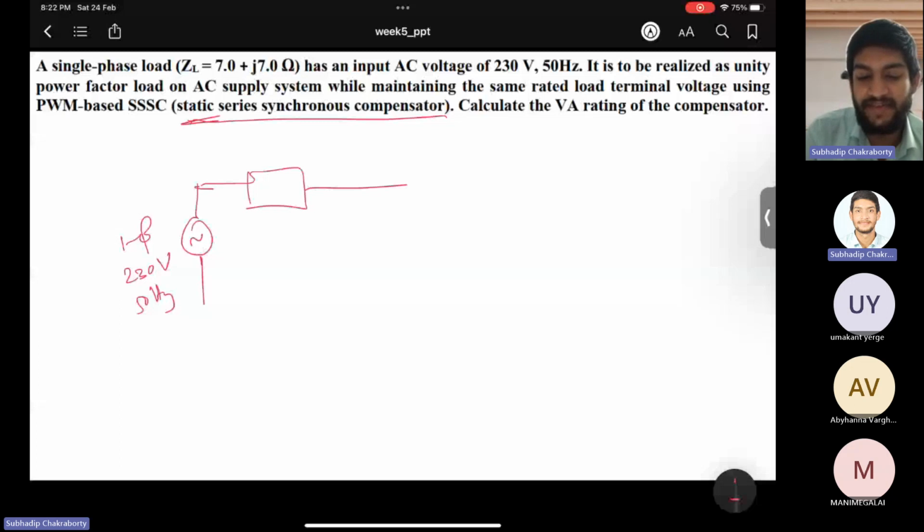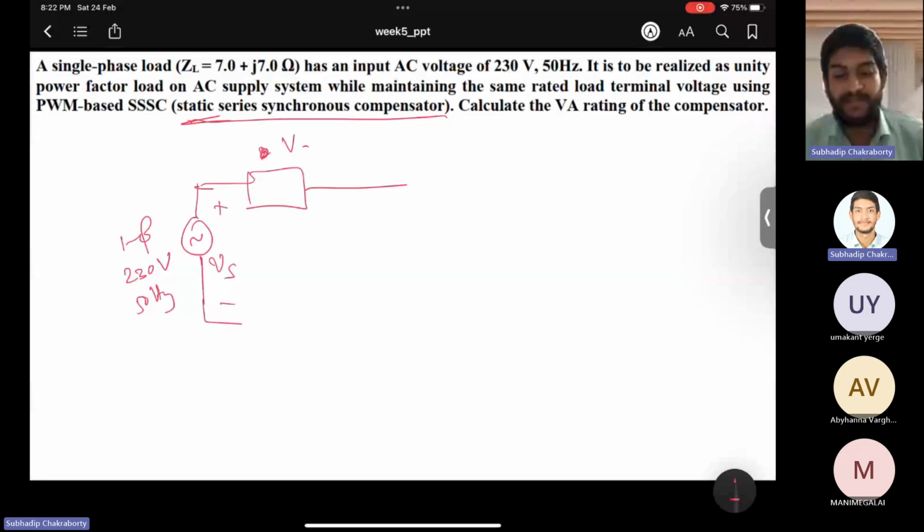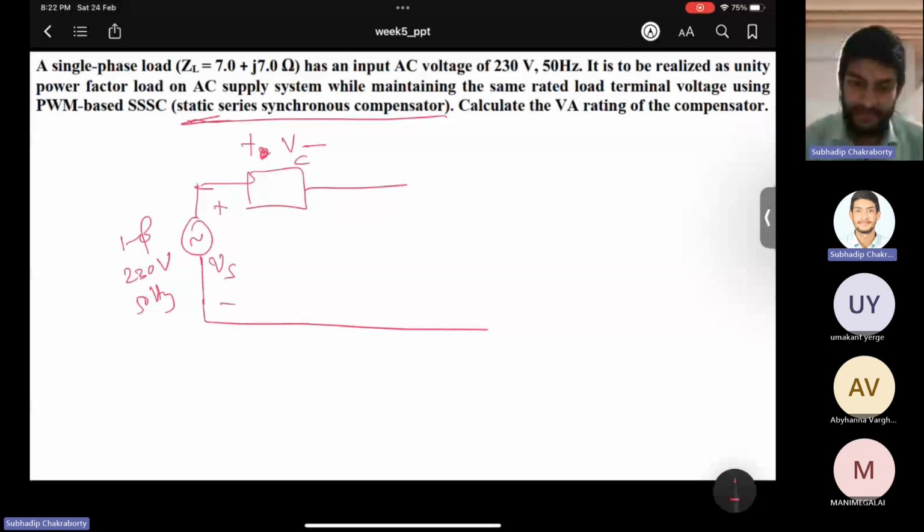It is a static device, and obviously it is connected in series, and it will provide some voltage. I can say this as VS, and this as some V compensator. All these are AC quantities, so please denote them by small letters. And your ZL is actually 7 plus j7.